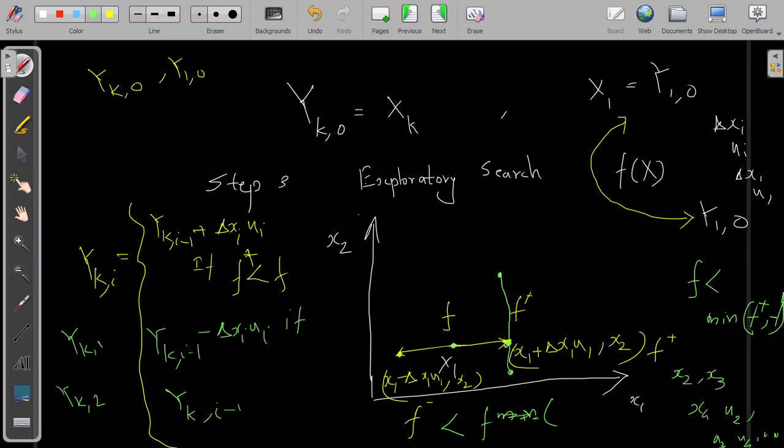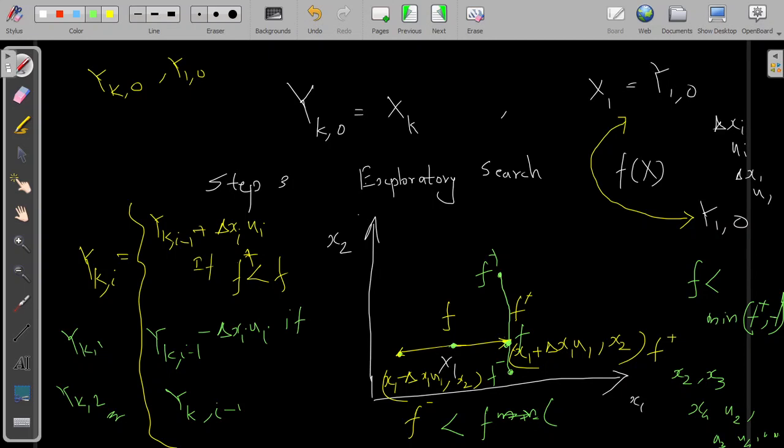So there will be a new f plus, f minus and the new f, and again we will compare f plus, f and f minus, analyze in which direction the function is minimized, and choose the new optimum solution, that is yk2. In this manner we will continue our process up to n coordinate directions.